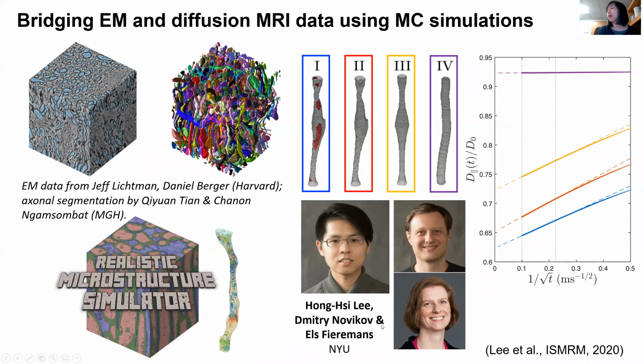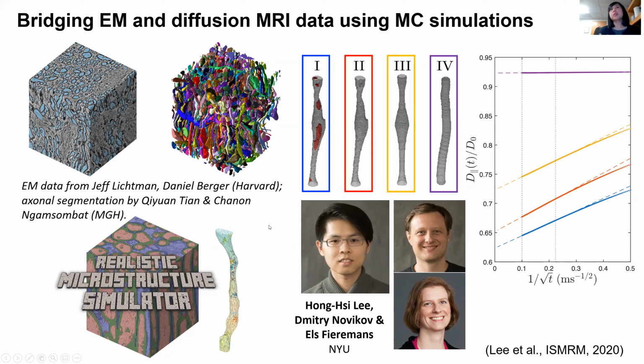Veermans and Dmitry Novikov at NYU to really look at how the morphological features of these realistic axons impact the diffusion MRI measurement, particularly looking at the diffusion time dependence of the signal within the realistic axons, and then simulated in synthetic substrates where we take out certain portions and see how that impacts the diffusion MRI signal.